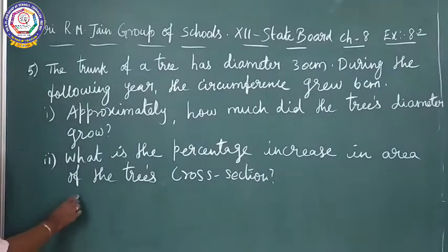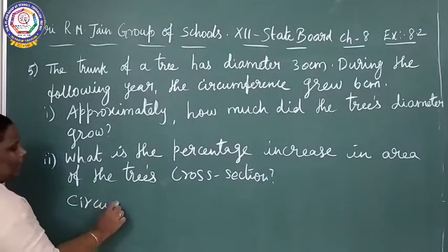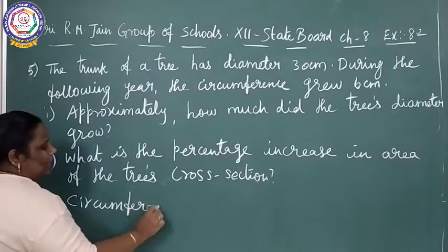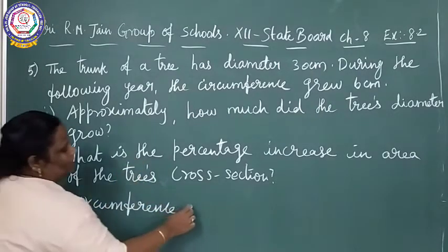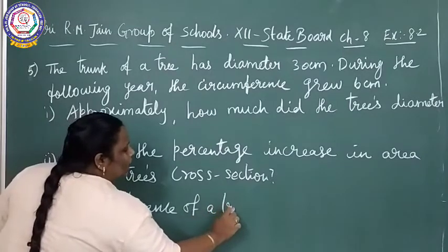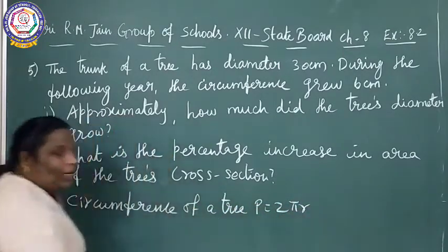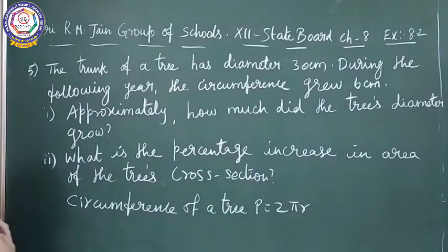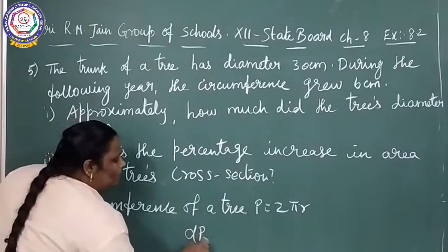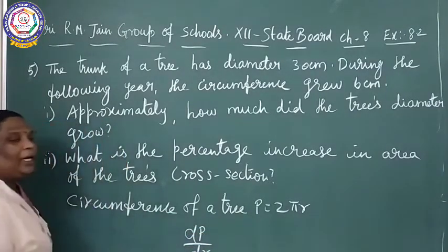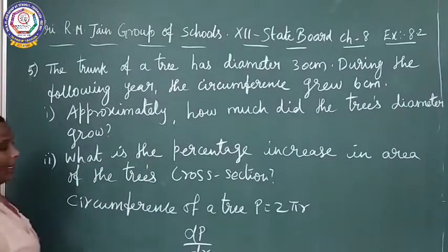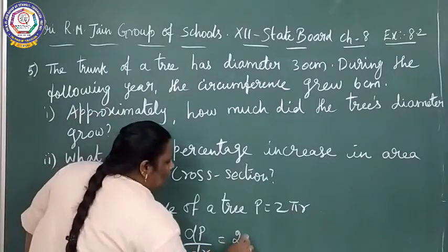See, circumference of a tree, p equal to, what is the formula? You know very well, p equal to 2 pi r. So dp by dr with respect to r, dp by dr equal to 2 pi.